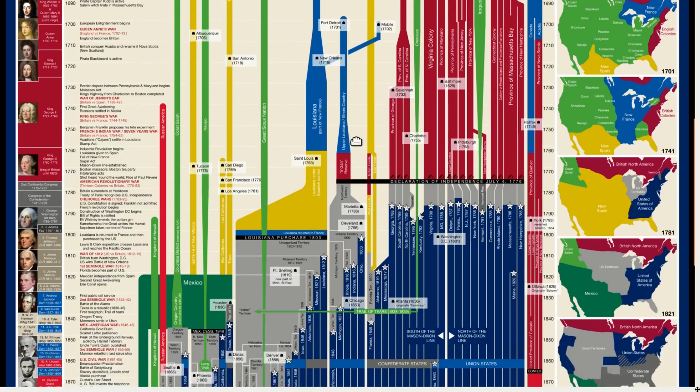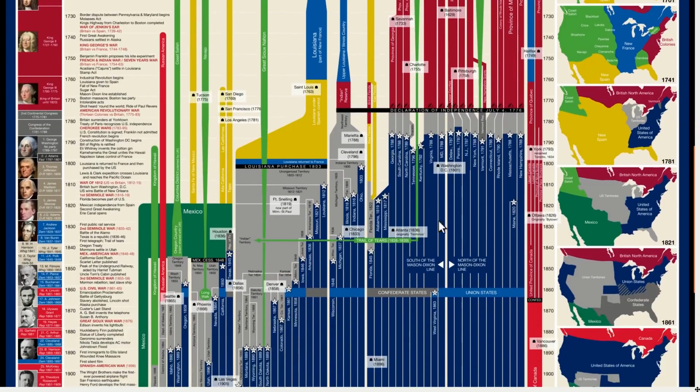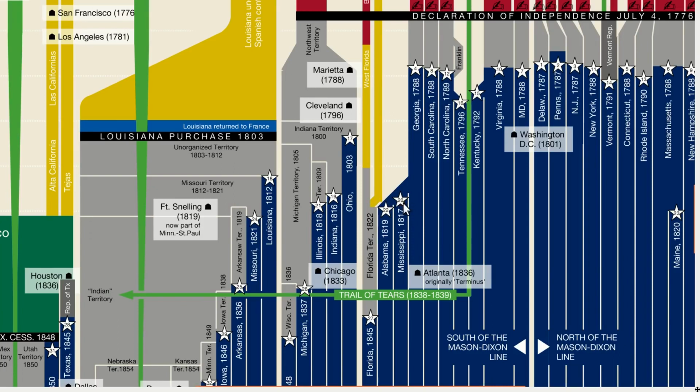And then after independence, the dark blue represents states and the gray areas represent territories. And all of these stars represent the order in which the states joined the Union. And you can see the foundation of various major cities are also shown.